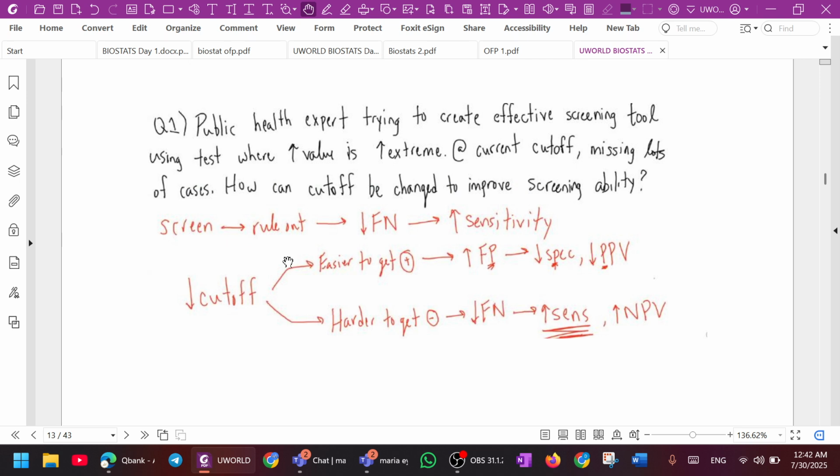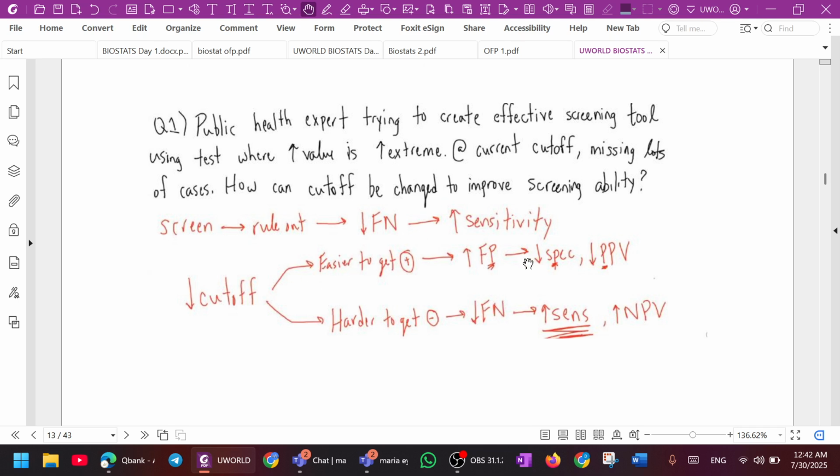Okay. They are talking about screening, and screening rules out. So it decreases false negatives and increases sensitivity. So screening increases the sensitivity, isn't it? Screening actually rules out the false negative cases, and it increases the sensitivity.